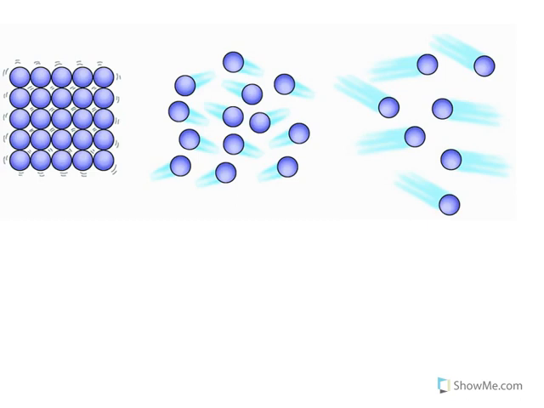Now we'll explain the properties of solids, liquids, and gases from a molecular point of view. First we come to the arrangement of the molecules.